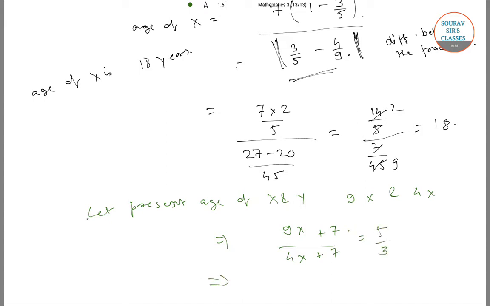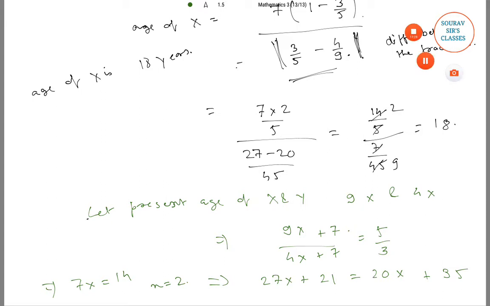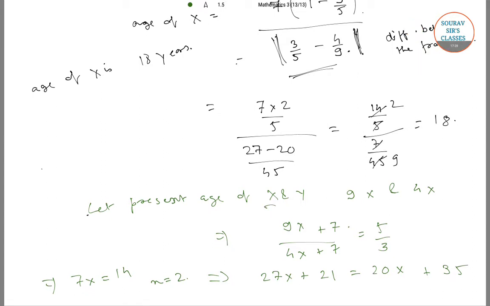This implies 27x plus 21 is equals to 20x plus 35. This implies 7x is equals to 14, or x is equals to 2. So if x is equals to 2, age of X would be 9 into 2, which is equals to 18 years. This is age of X.